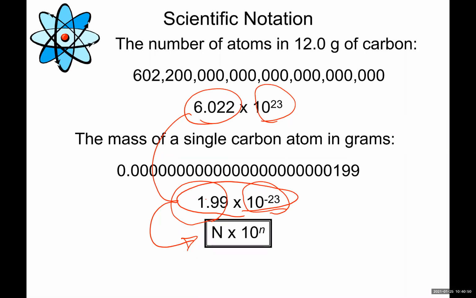In other words, N can't be 0.5. It must be 1 and larger. And N can be 1.1. It has to be between 1 and 10. And what is n? The lowercase n is the power of 10. So that's how you write a scientific notation.